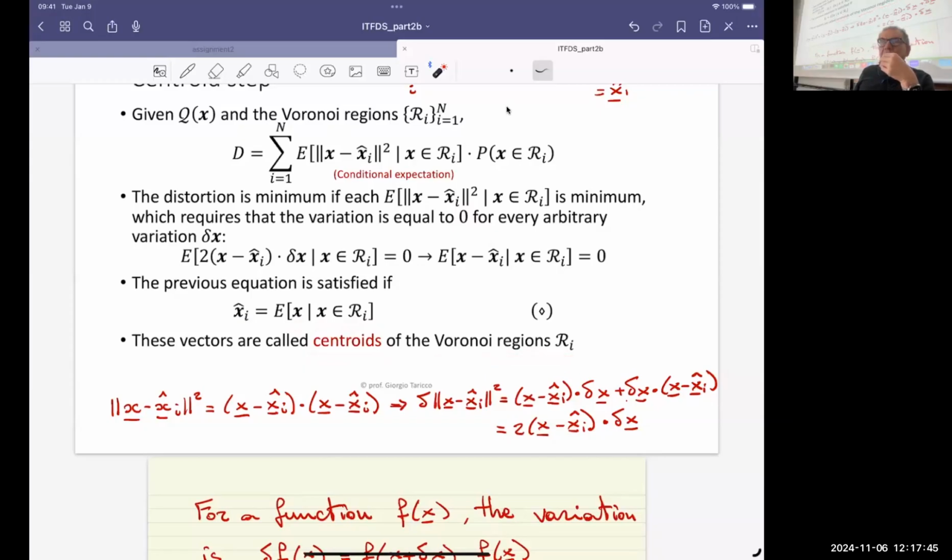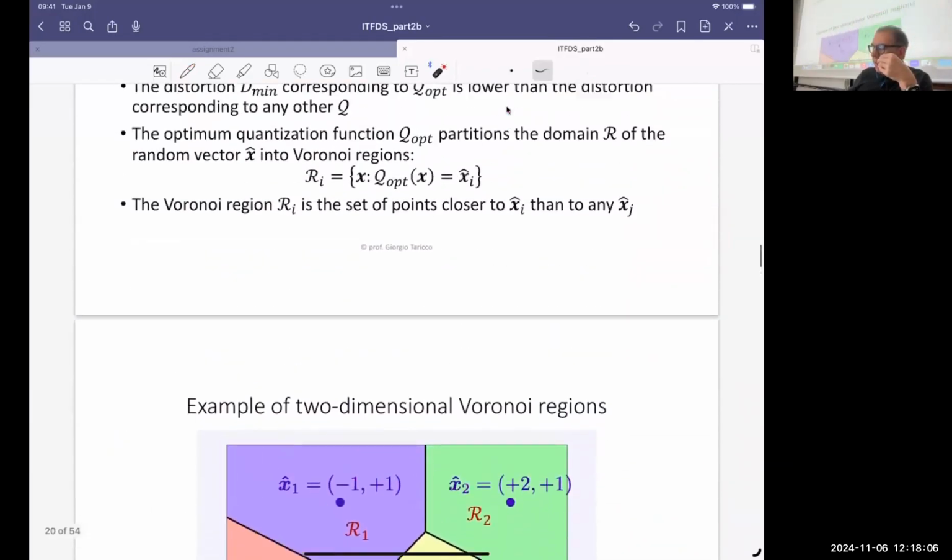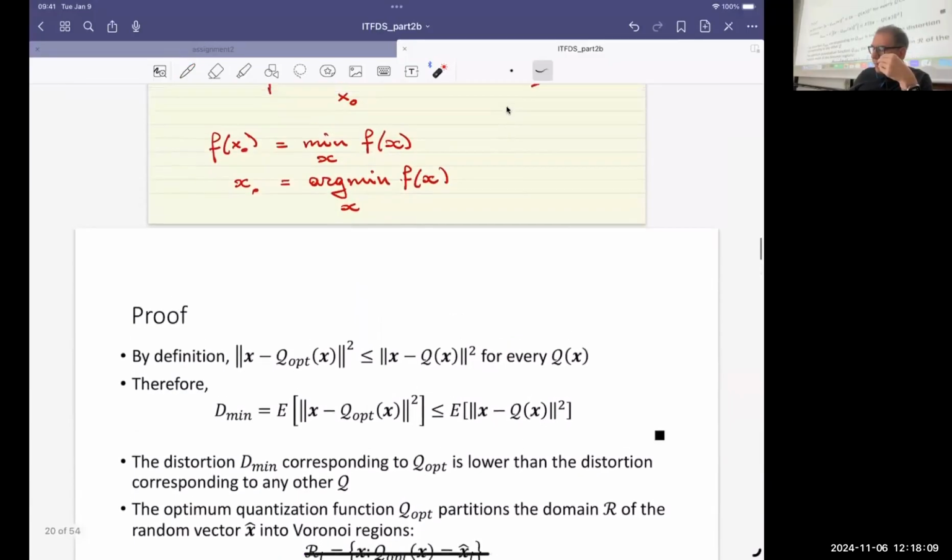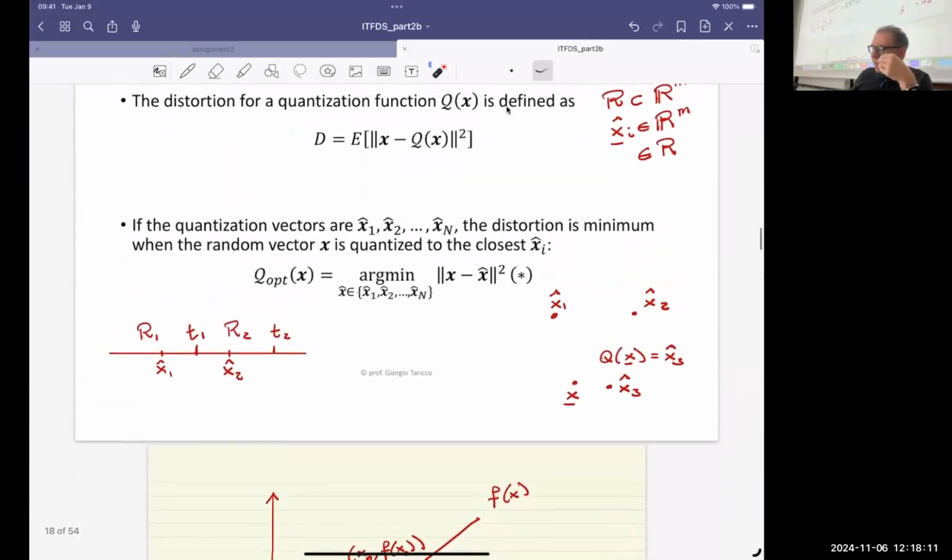In this way, we have obtained two different sets of equations. The second set is for I that goes from 1 to n, and we label this with a diamond. The other one, this one, was labeled with a star.